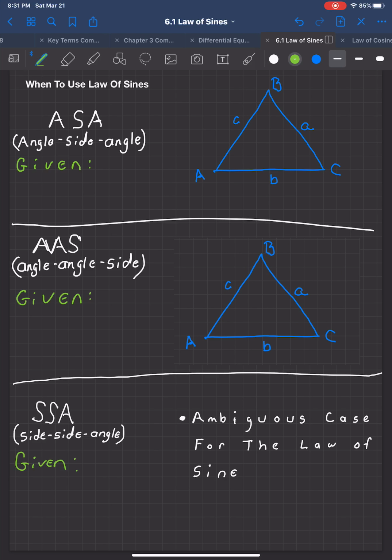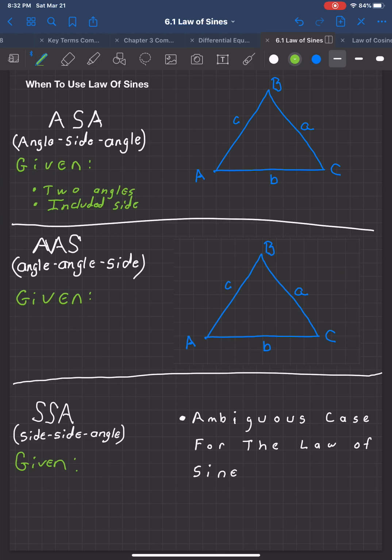In other words, they give you 2 angles, and they give you 1 included side. Okay? Angle, side, angle. Notice the S is nestled between the 2 A's, right? So angle, side, angle. You have 2 angles and then 1 side in between.